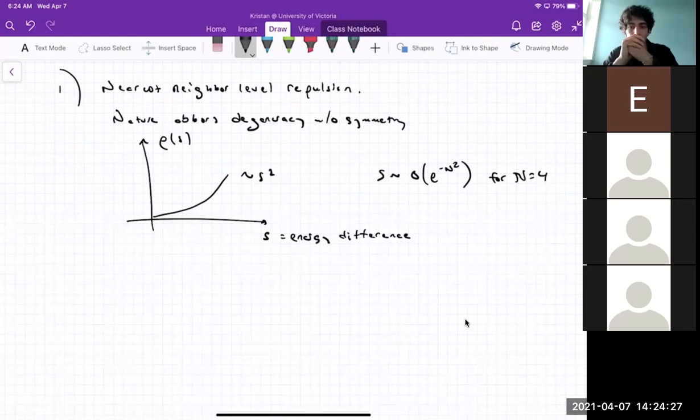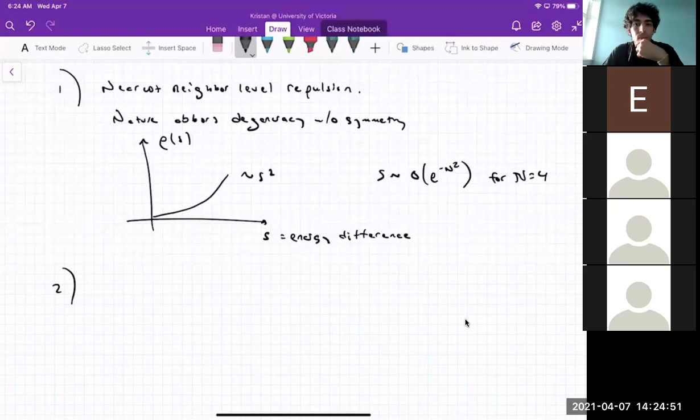Just very long. So there's another thing, though, that is robust, and it's, very roughly speaking, the following idea. If nearest neighbor energy eigenstates repel each other by a little bit, then that means that there's some repulsion over macroscopic distances in the spectrum.